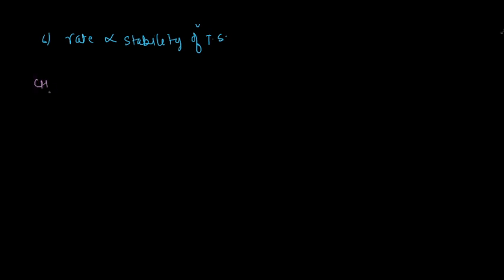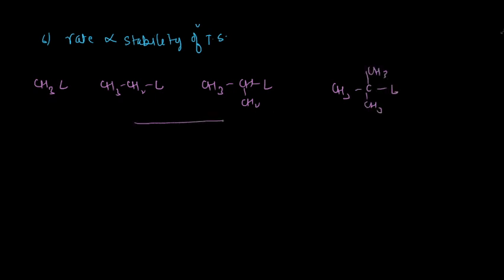Like we have CH3 CH2 L, then CH3 CH and CH2 L, then CH3 C CH3 and CH3 and L. So when we go left to right, the rate decreases. Why is the rate decreasing? Because bulky groups are attached over here, and here the bulkiness is less. The first one is very less bulky. So that's how we see.